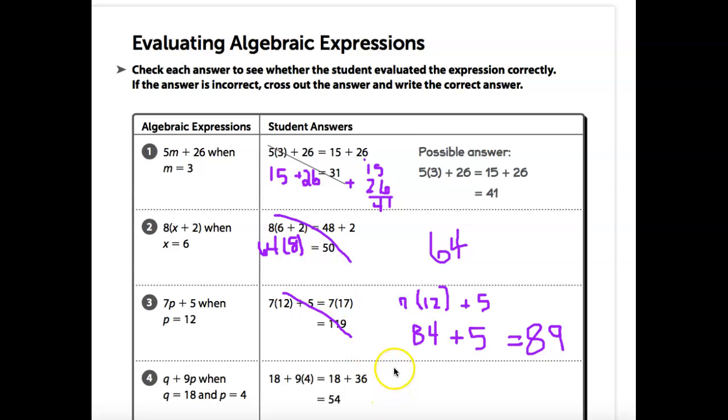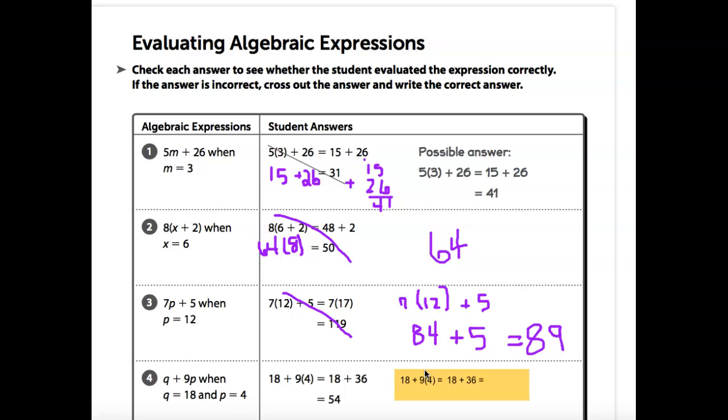So we're going to write Q. They tell us that it's 18 plus 9p, 9 times p, and they tell us that p is 4, so we're going to multiply that. Okay, and we get 18 plus 9 times 4 is 36.